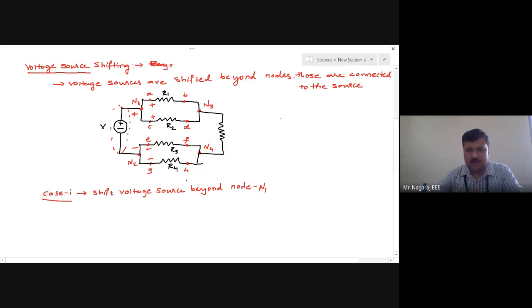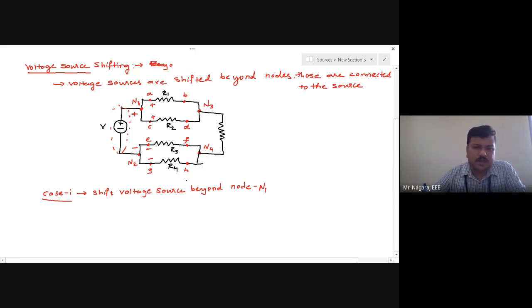If I want to make any branch 0 voltage, should I short circuit it or open circuit it? Short. Yes. Okay.